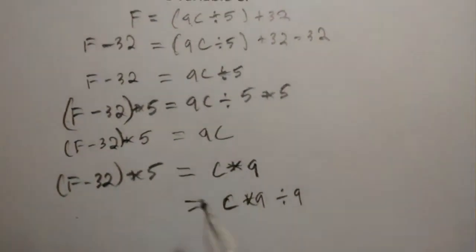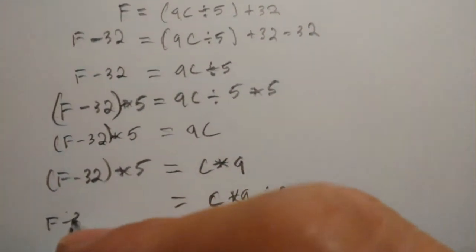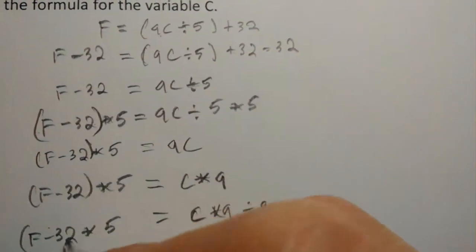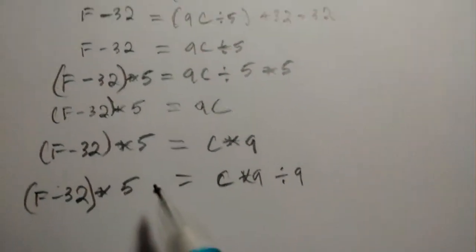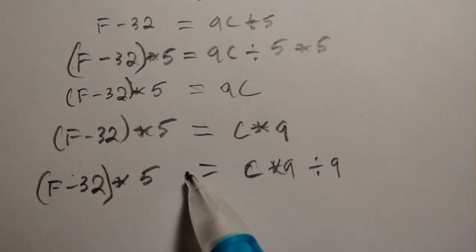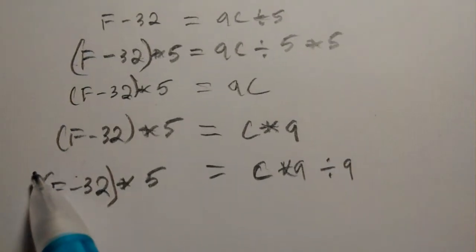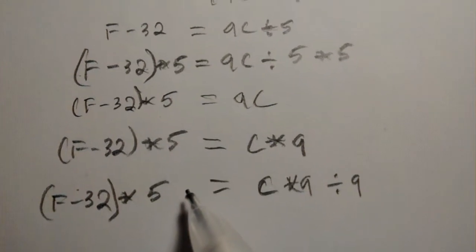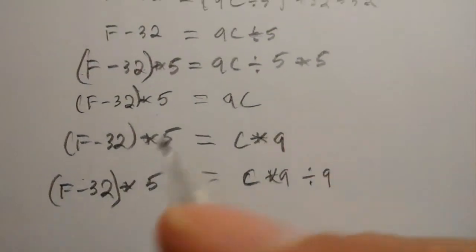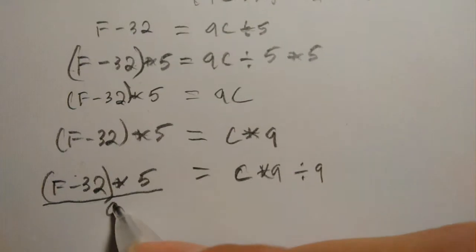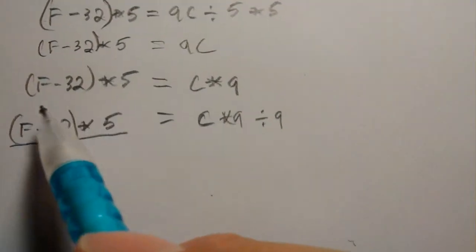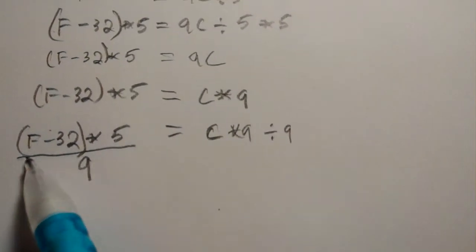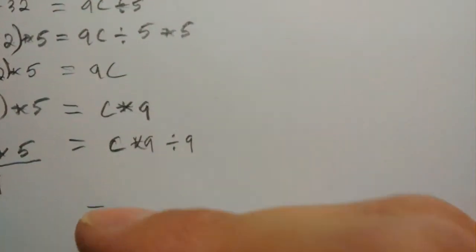On this left side, I was going to write division by 9 here, but then we'd have to make another set of parentheses to indicate this entire left side is being divided by 9. I can do that in a more simple way by using the division bar. That means divided by 9 too, meaning the entire left side divided by 9. So this division or fraction bar can be used as a grouping symbol.